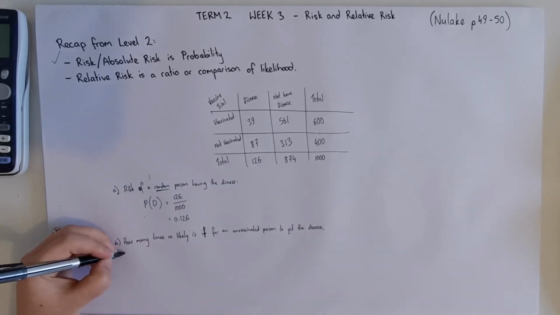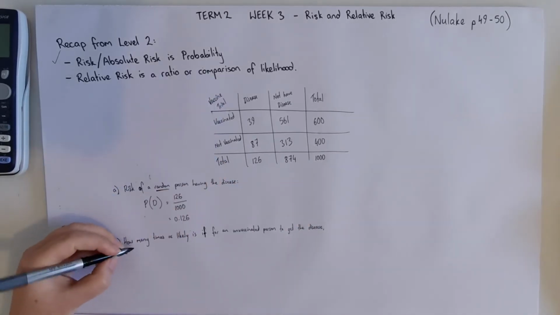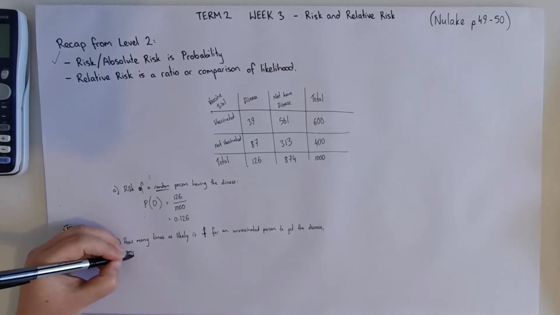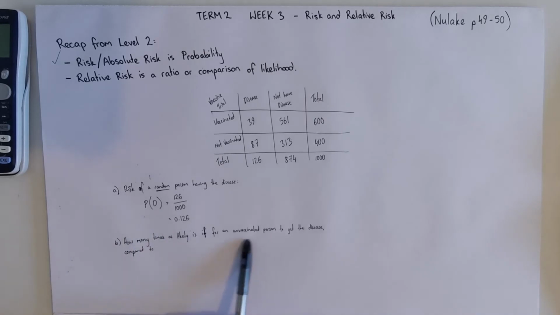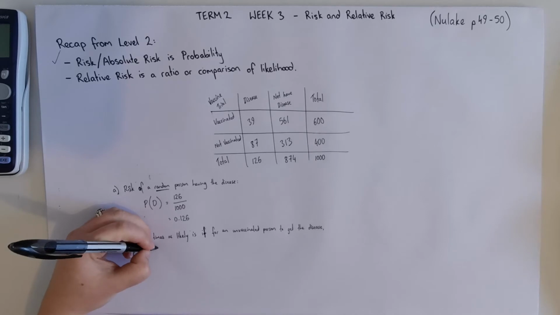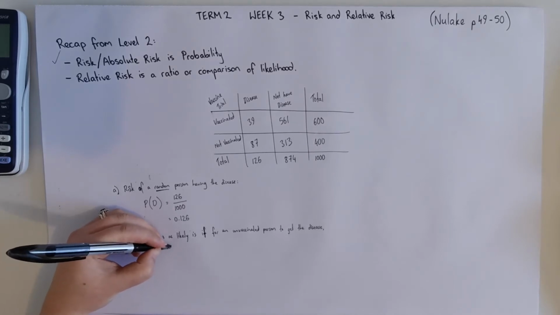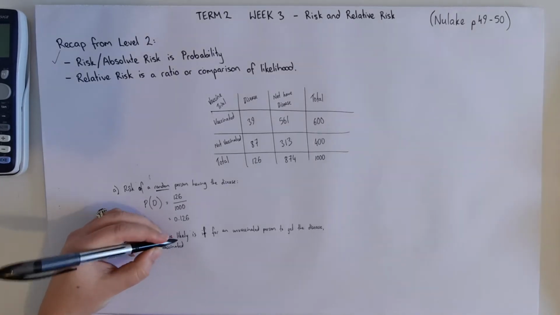We'll be comparing that to something, as per my note up the top. If we're looking at an unvaccinated person getting the disease, we would then want to compare that to a vaccinated person.